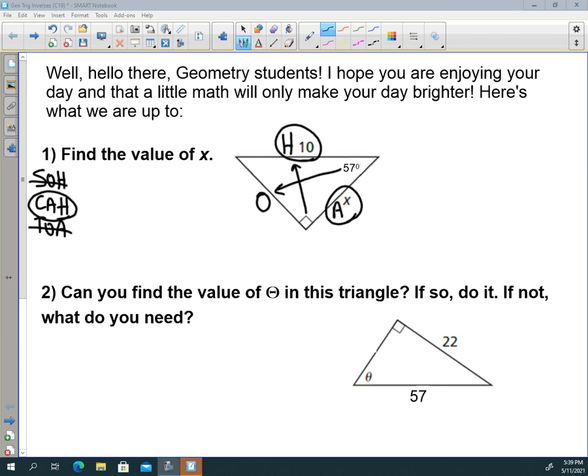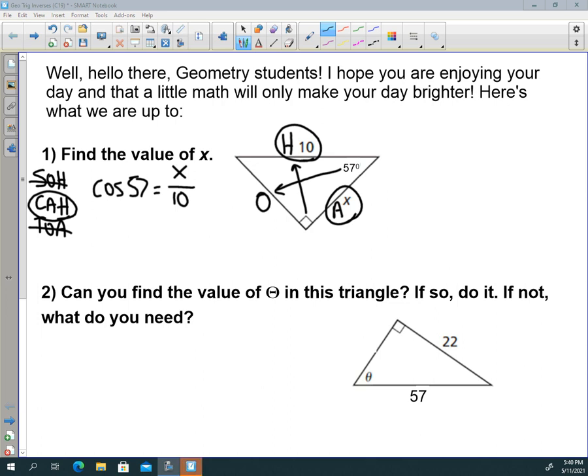These two aren't useful because we don't know or don't want anything with the opposite. So now we're going to use that cosine to help us build an equation. The cosine of the angle is the adjacent over the hypotenuse. And we literally just say it and write the pieces in.